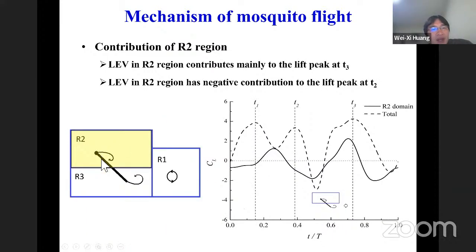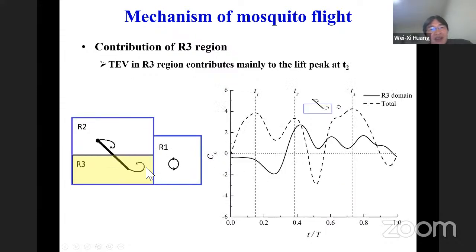For the R2 region, we can see the third peak of the total lift is mainly from the leading edge vortex. Similarly, in the R3 region, the trailing edge vortex at the later time contributes most to the second peak.